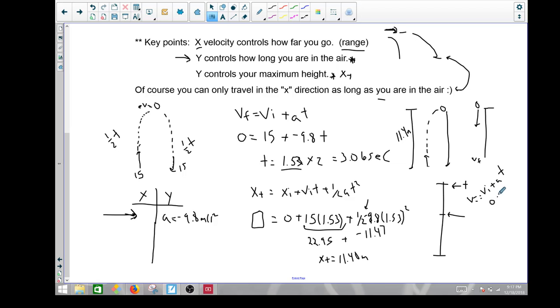All right, acceleration, negative 9.8. My time, well, I'm going to be dropping for 1.53 seconds. And if you do the math there, you should get 15 meters per second. It'll be negative only because it's going down. All right, so that's just a very basic introduction into our first type of projectile motion problem.